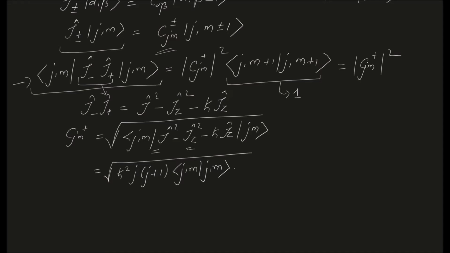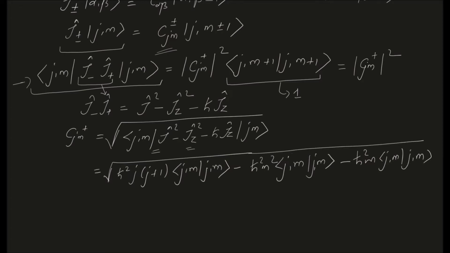The second term gives minus h cross square m square, and the third term gives h cross m. One h cross is already there, so this gives h cross square m. We take the square root of all these quantities.